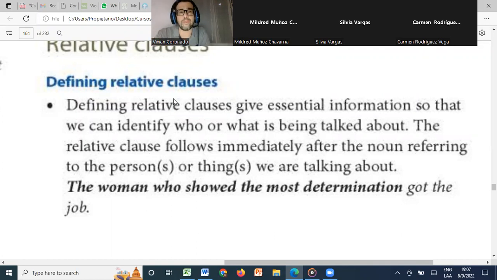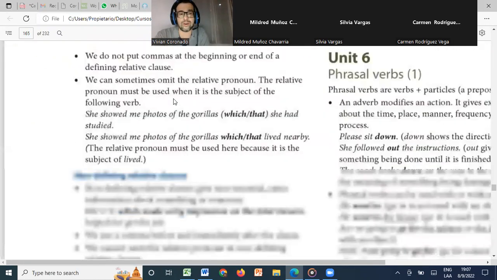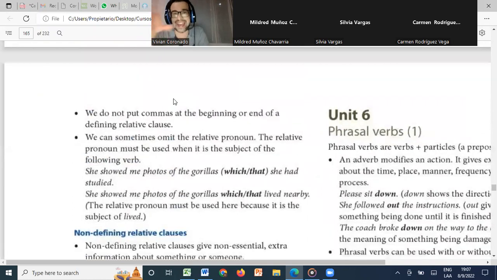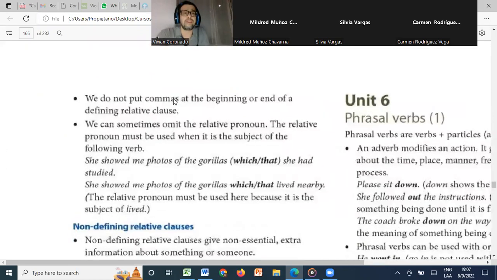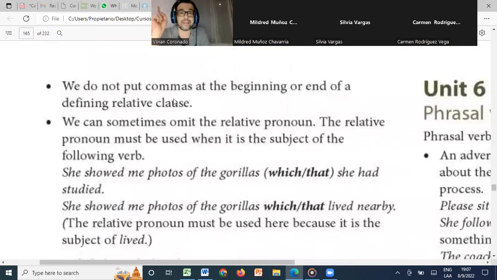Now we're gonna continue. Oh, let me just give you some extra information about the defining clauses. I'm sorry, we do not put commas at the beginning or end of defining relative clauses. And you will see how important this is in a moment regarding the test, okay?